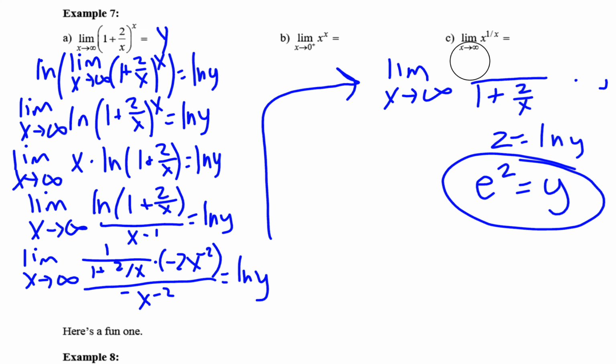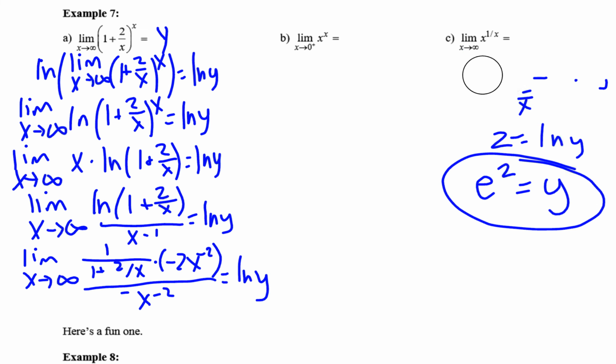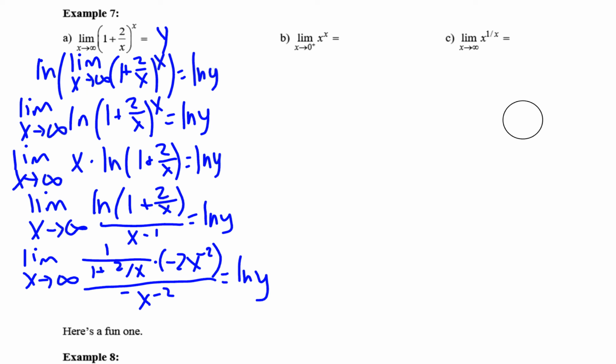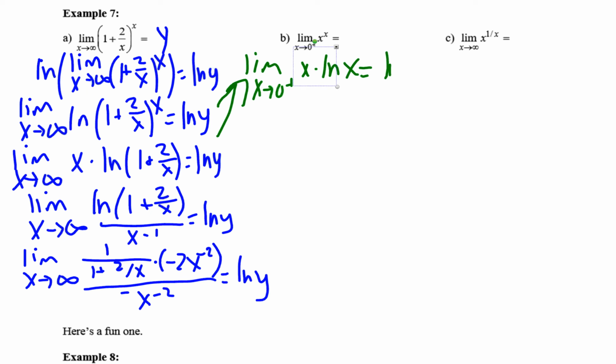All right, let's clear that out so we can work on the other one. Ooh, x to the x, that's exciting. So 0 to the 0, what is that? Well, let's find out. The limit as x approaches 0. Okay, so we're using ln here, equals ln of y.